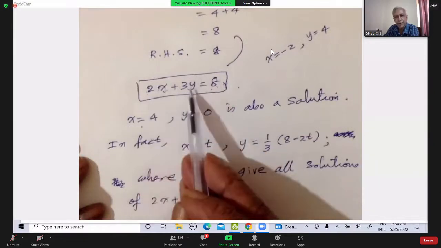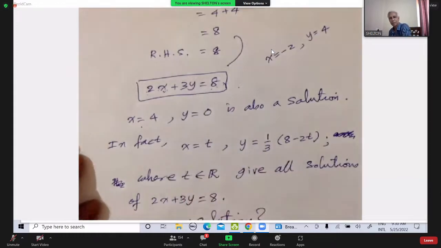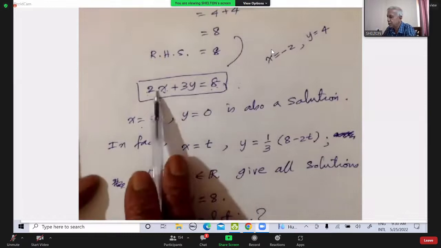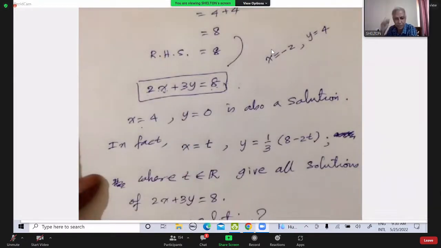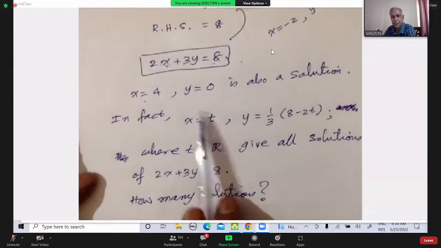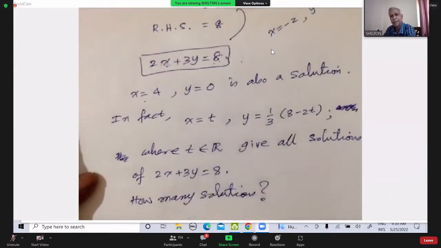Minus 2t cancels 2t, leaving 8. So every solution, there are no others now. Every solution of this equation is of this form. t can be any number.